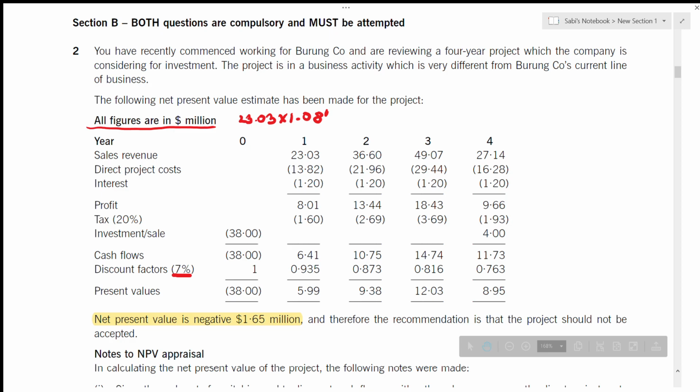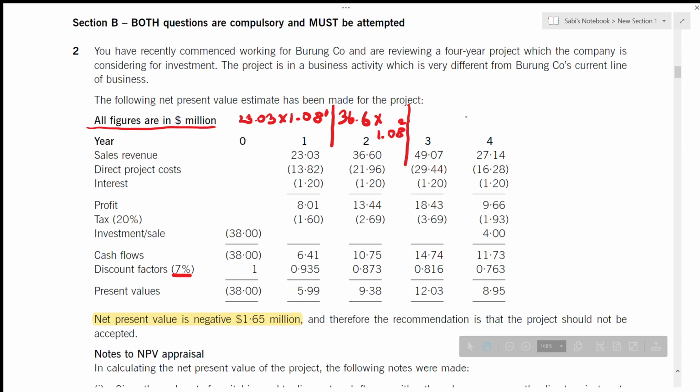So on 36.6, on this value you are inflating, I'm writing it down, 1.08 squared, to the power of 2, because this is for the second year you are inflating. So 36.6 into 1.08 squared. Keep your answer with you. Later we'll check what the answer is.